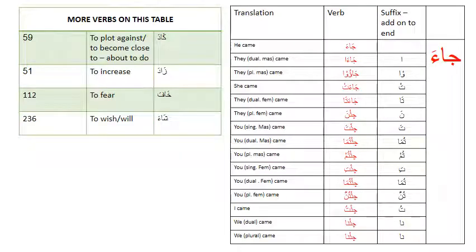Now, the word ja'a is very similar to the word qala. As you can see, qala has an alif, ja'a has an alif. However, qala's alif is a disguised waw, and over here it is a disguised ya. Now you're probably asking, how do you know if it is a disguised waw or a disguised ya?